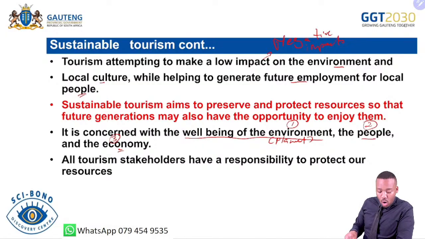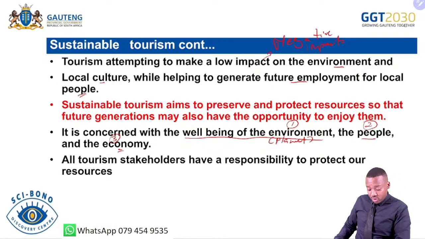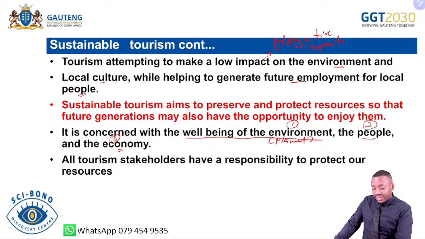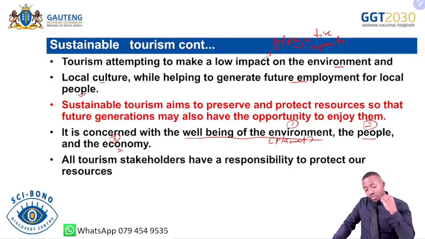We are saying all tourism stakeholders have a responsibility to protect our resources. Everyone has a responsibility to save water. Everyone has a responsibility to make sure that our plants are protected. Everyone has a responsibility to make sure that we play a certain role in the economy.